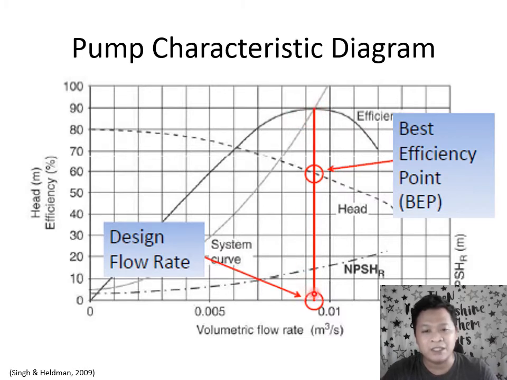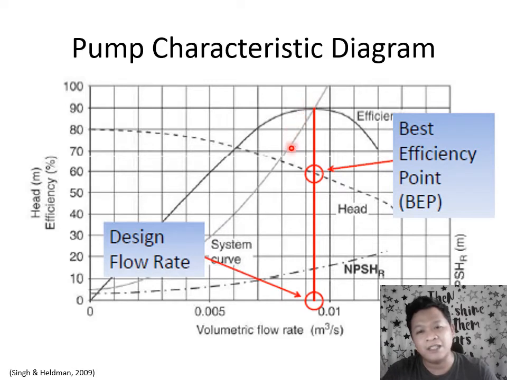So basically this pump is designed for around 0.009 something cubic meters per second, or slightly less than 10 liters per second yung operational niya na best operational point. So ito siguro, no? The system curve is a function of the system.